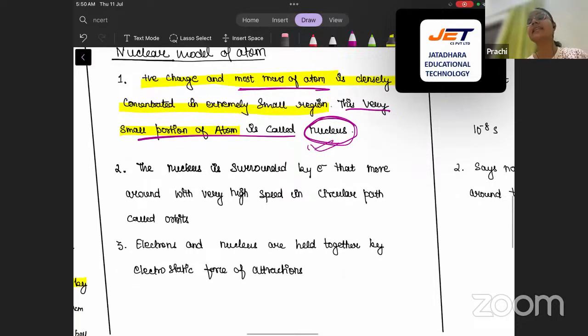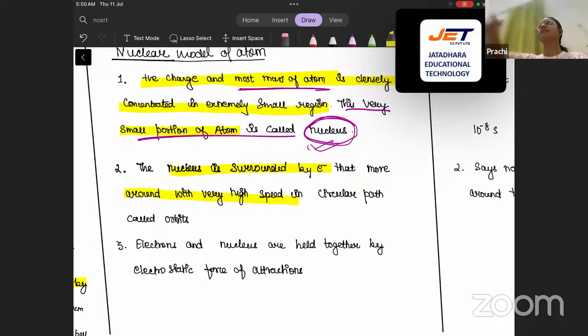And here he said that the nucleus is surrounded by electrons that move around with very high speed. How are they moving? They are buzzing like houseflies, right? They are buzzing around the nucleus in orbits.